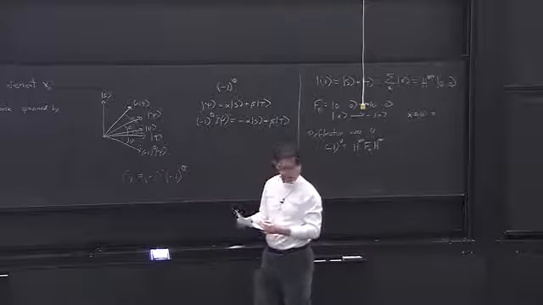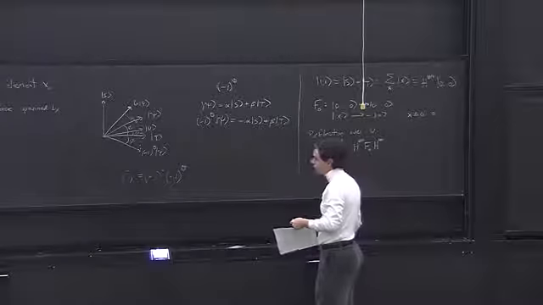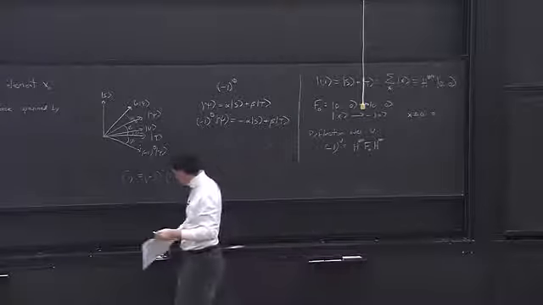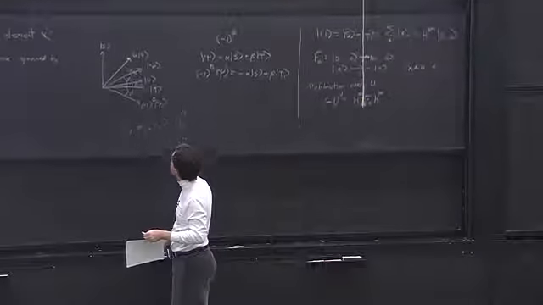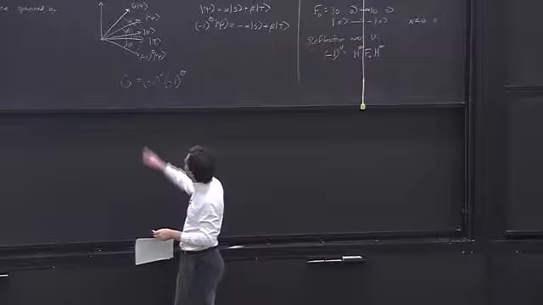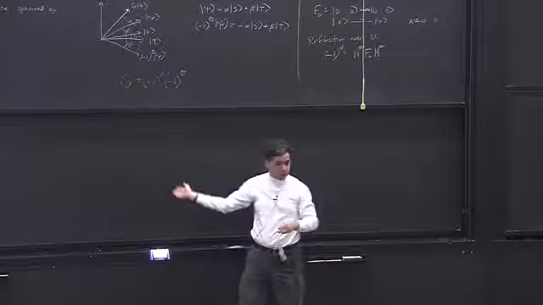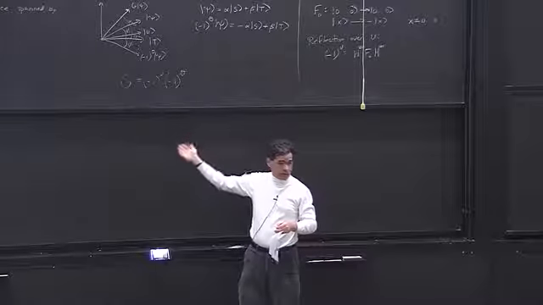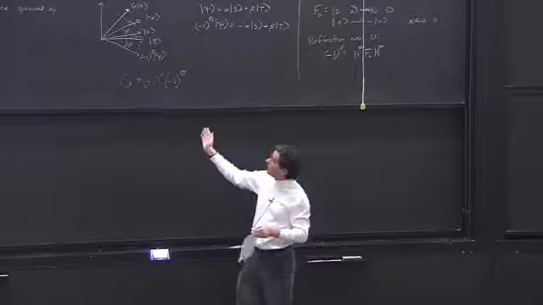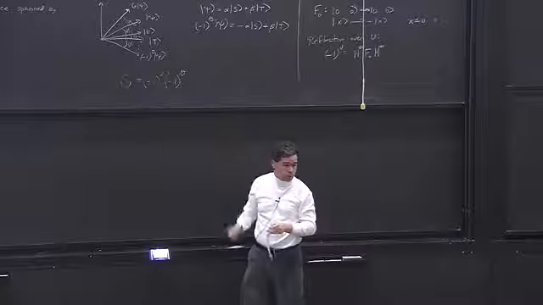Okay? And so you see what's happened here is that we started with something that has an angle phi away from the t-axis, and now we have something that's an angle phi plus 2 theta away.